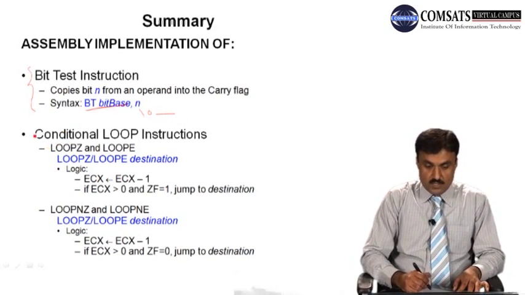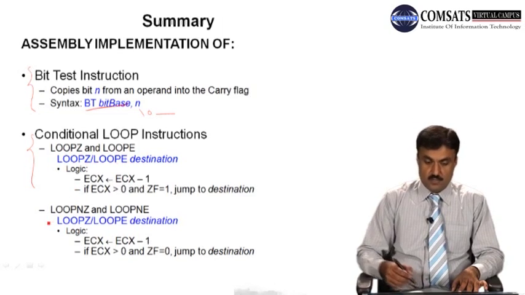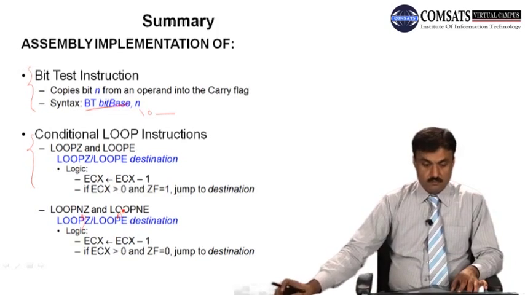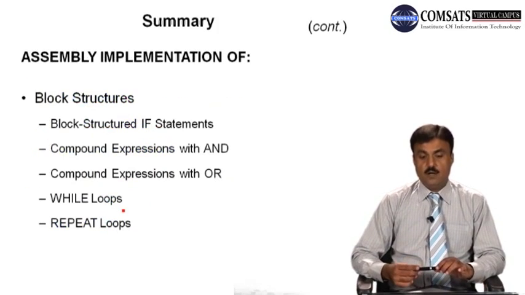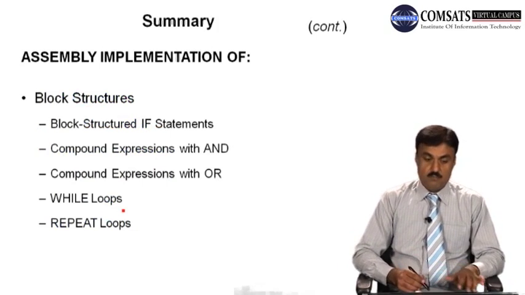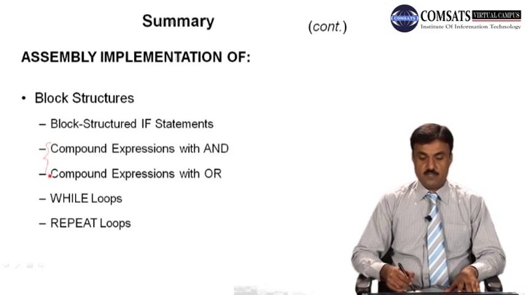Then we have conditional loops: loopz, loope, or loopnz, and here it is actually NZ and NE and so on. Then we have also tested the block if statements and also the compound expressions, and how we can solve compound expressions.